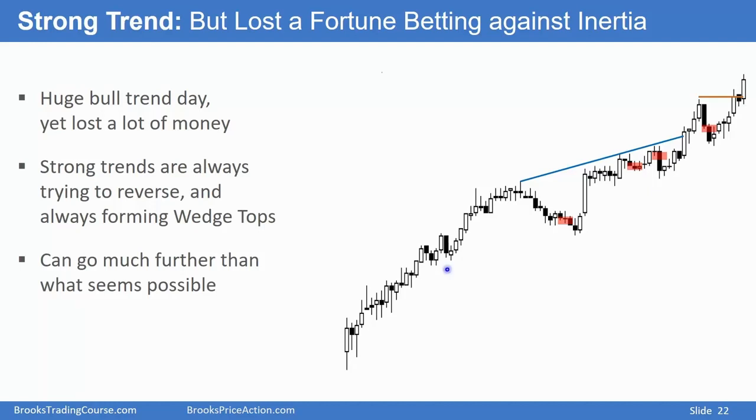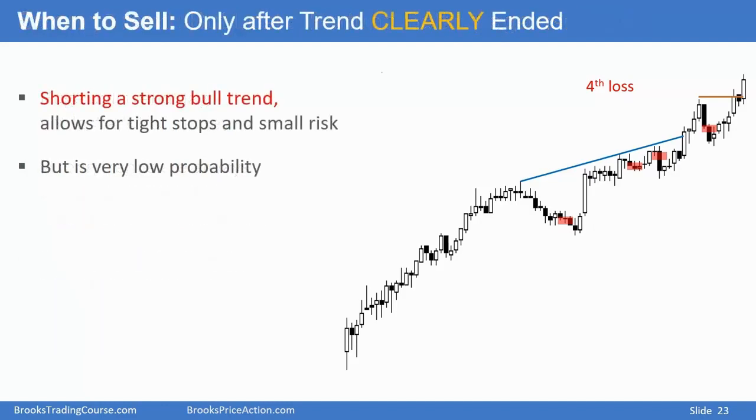A huge bull trend day, yet the beginner lost money because he kept betting against the trend. Trends are always trying to reverse. They're always forming wedge tops, but they also can go a lot further than what traders think they possibly can do. So 4 losses, 1, 2, 3, 4, and they add up to a big loss. So a trader lost money during a very strong bull trend because he kept shorting all day, ignoring the low probability.